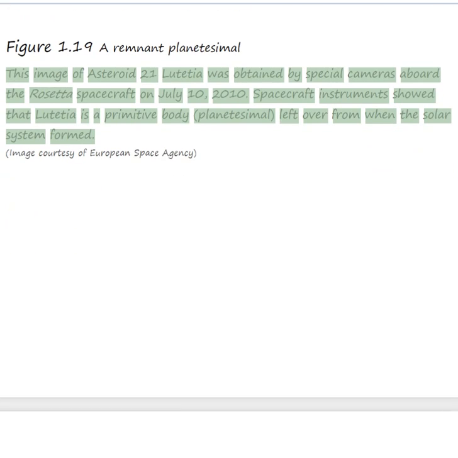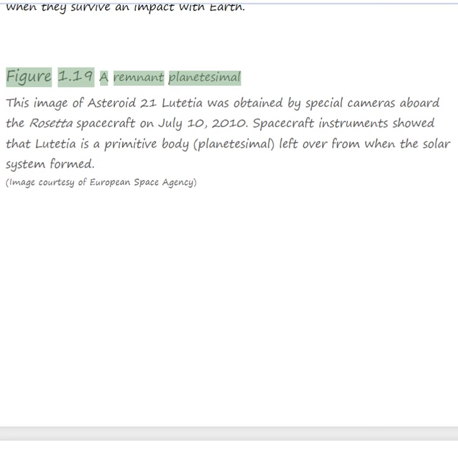This image of asteroid 21 Lutetia was obtained by special cameras aboard the Rosetta spacecraft on July 10, 2010. Spacecraft instruments showed that Lutetia is a primitive body left over from when the solar system formed. Figure 1.19 A remnant planetesimal.